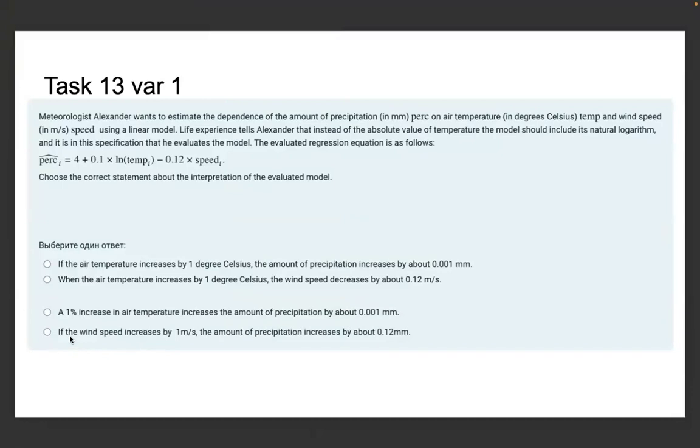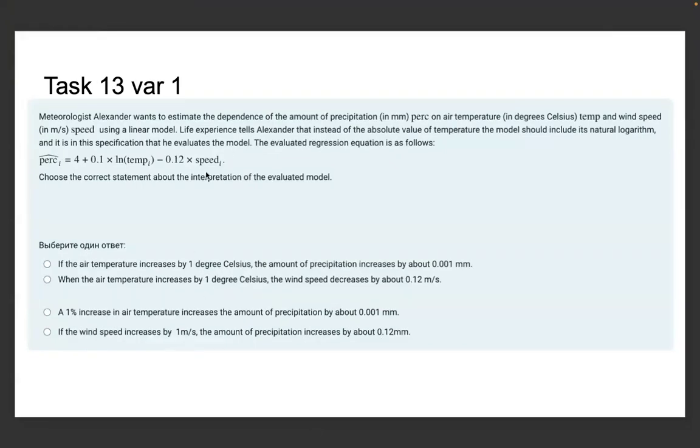And the last variant: if the wind speed increases by 1 millimeter per second, the amount of precipitation will increase by about 0.12.